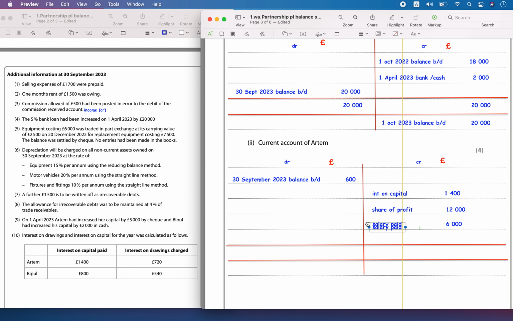On this side again we have to start with the salary that he is supposed to get, and the salary that he actually got will be entered on this side. He received the full salary. Sometimes they might not, and then we have to adjust. And then drawings and interest on drawings, we have to adjust here.